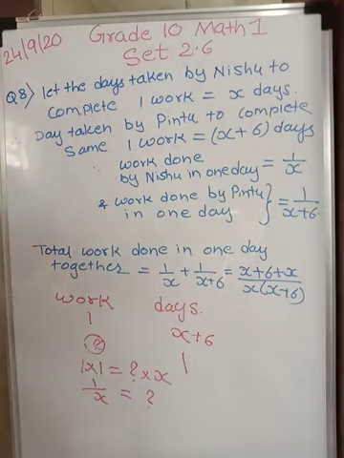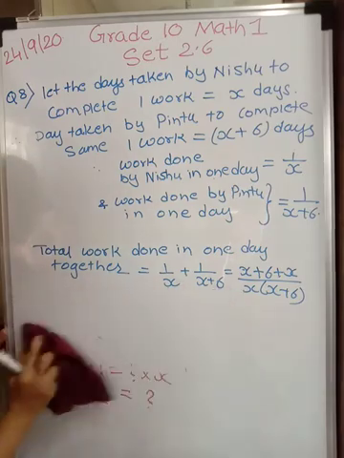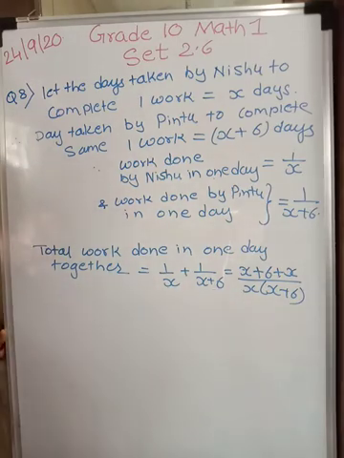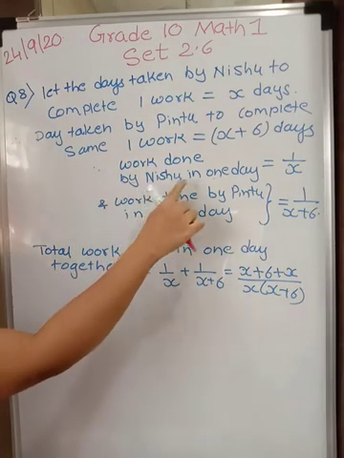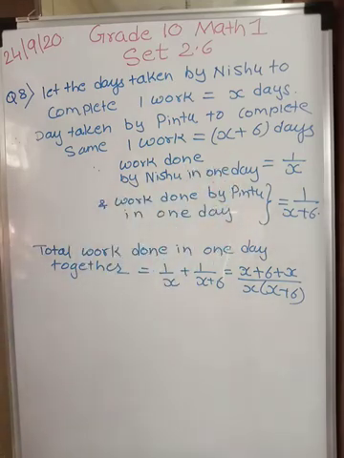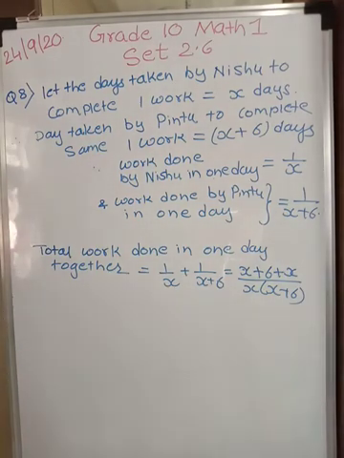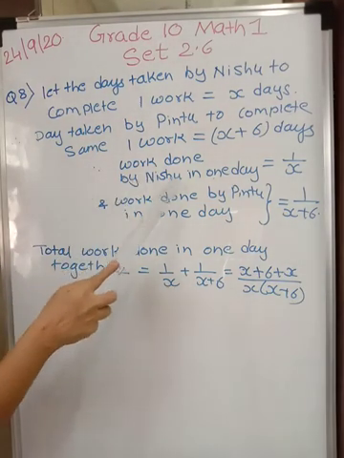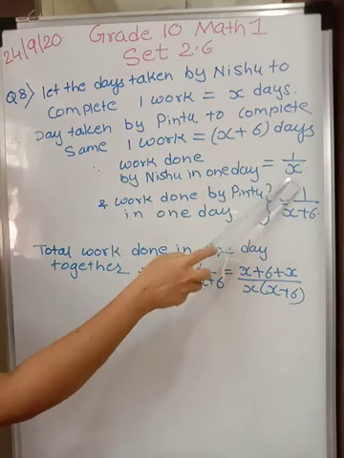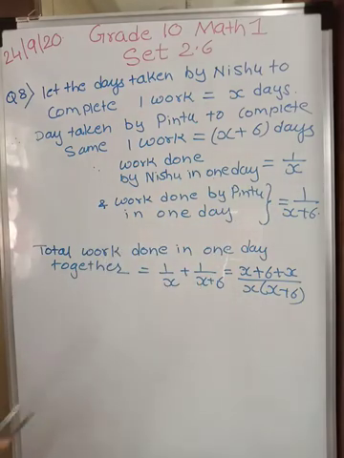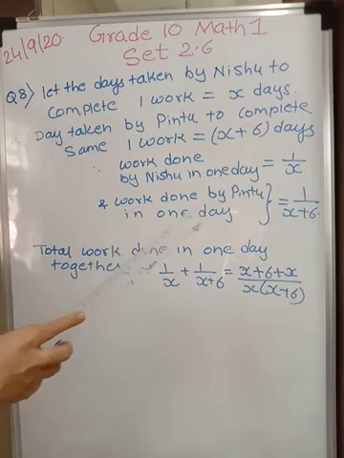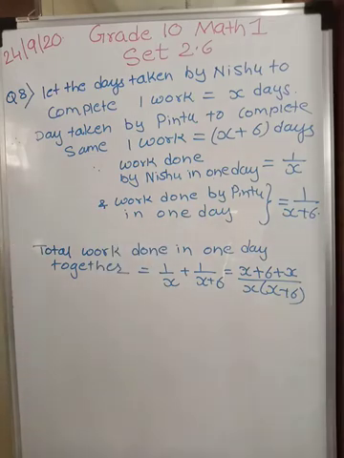So now, what we have with us is, work done by Nishu in one day is 1 upon X, and work done by Pintu in one day is 1 upon X plus 6.